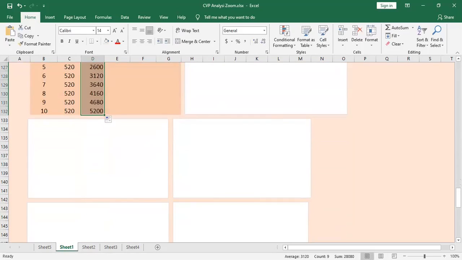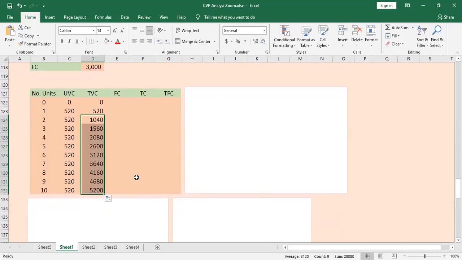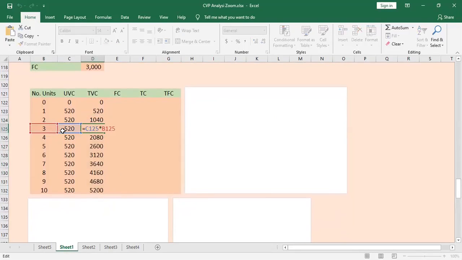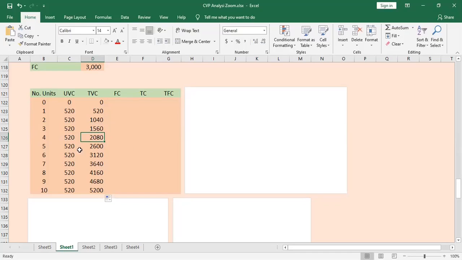When you are producing 3 units, you will have to incur 3 into 520. Total cost will increase up to 1560. Then when you are producing 4, 520 into 4, that is 2080. When you are producing 5, 520 into 5, 2600. Likewise, when you are producing 10, 520 into 10, that is 5200. This is the behavior of the total variable cost.